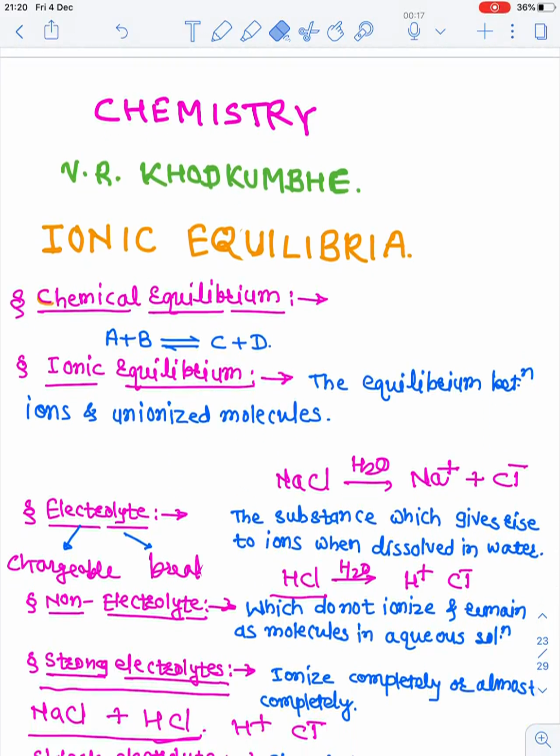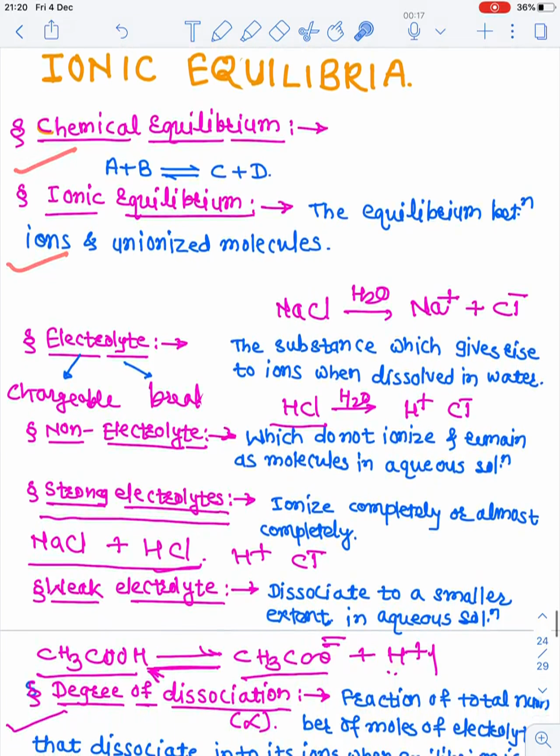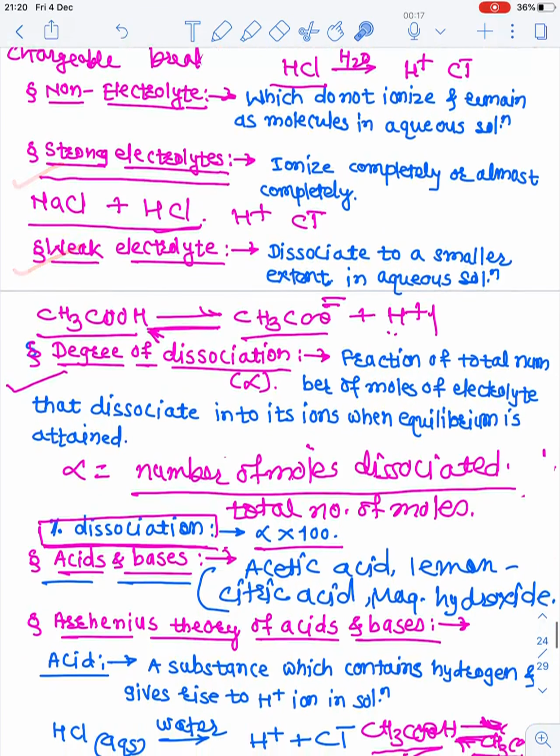In the previous video lecture, we started ionic equilibrium. In that video, we saw chemical equilibrium, ionic equilibrium, and electrolytes. We saw strong electrolytes, weak electrolytes, and the degree of dissociation.